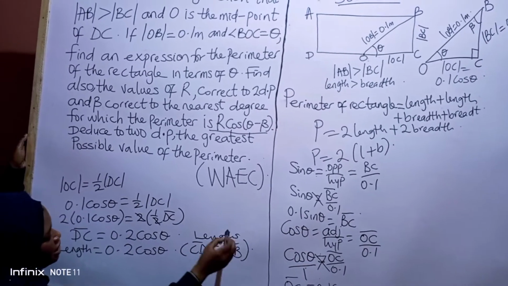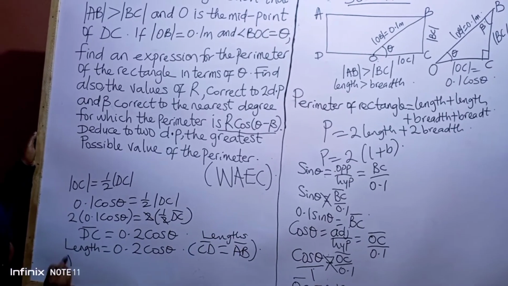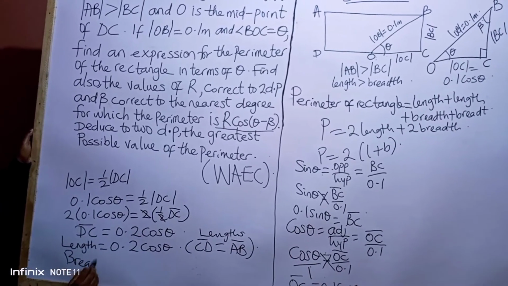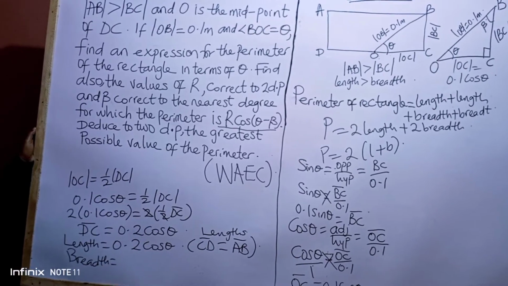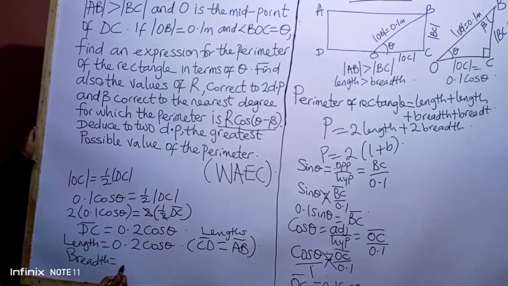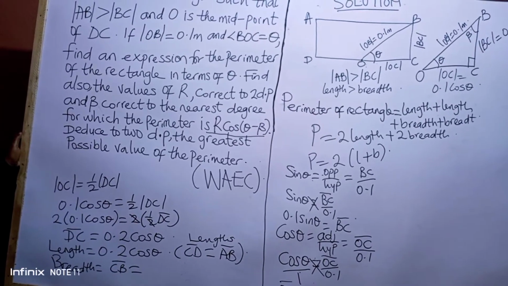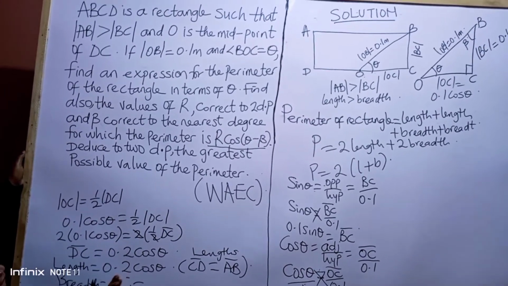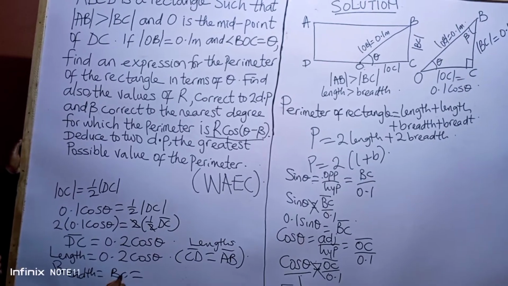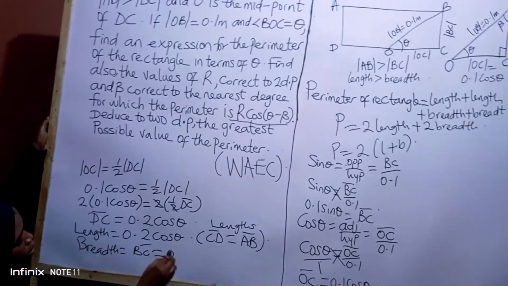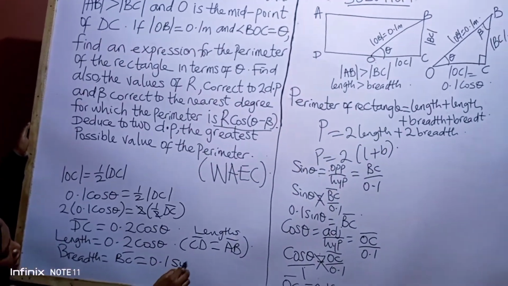They are the lengths. Now, breadth is equal to BC or CB, which is equal to 0.1 sin theta.